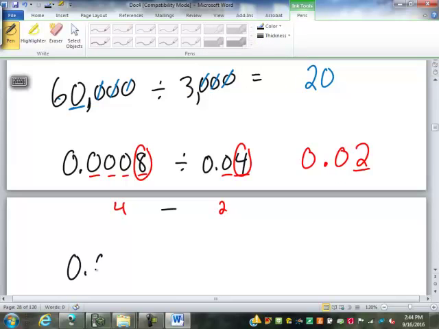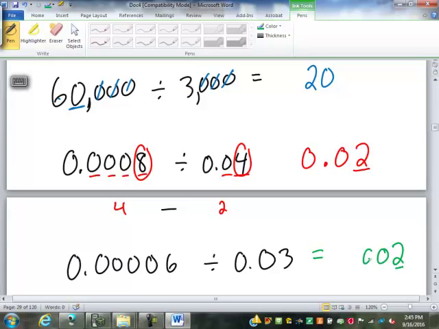So if I have 0.00006 divided by 0.03, of course 6 divided by 3 is 2. How many decimal places do I have? 3. Very good.